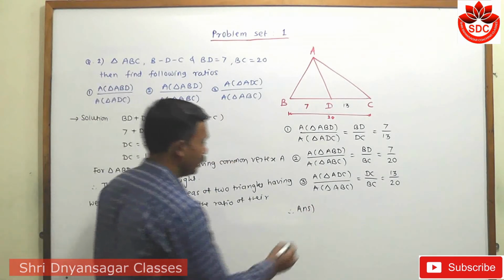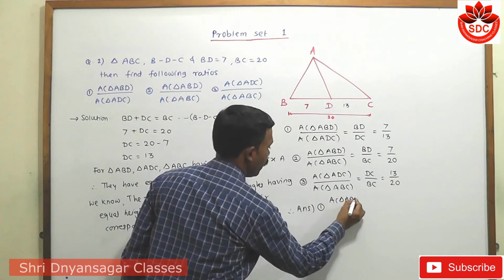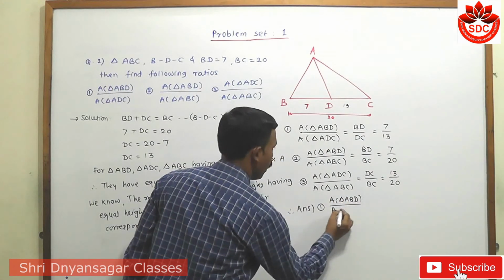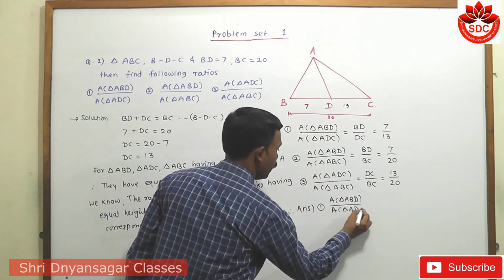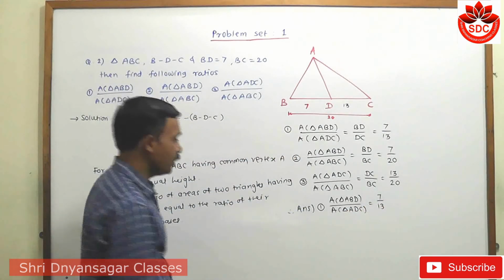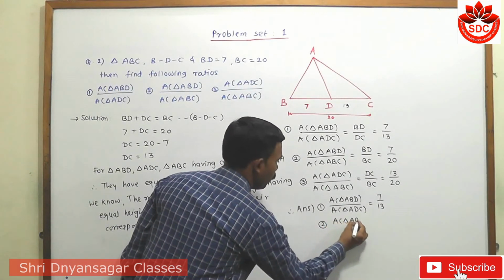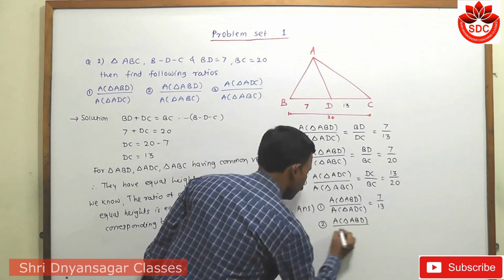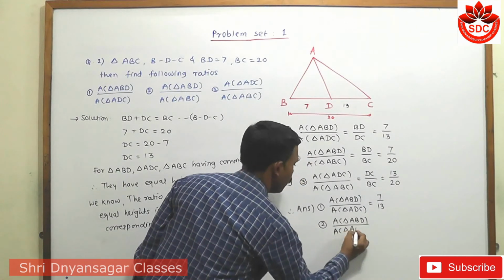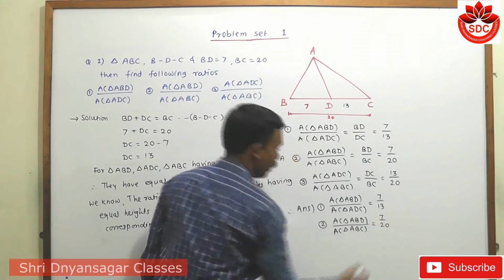Now, first one is which ratio? Area of triangle ABD upon area of triangle ADC is equal to 7 upon 13. Then second ratio: area of triangle ABD upon area of triangle ABC is equal to 7 upon 20.